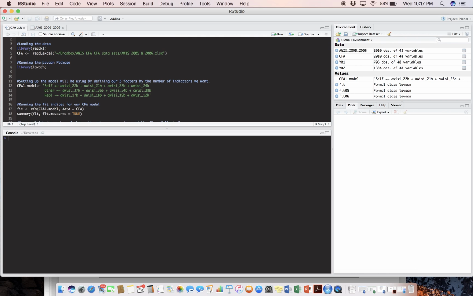So in this case, I had already run an exploratory factor analysis on the data set that I'm using here. So I already knew that there was such a thing as a self factor, like self-mastery, self-other, things like that.